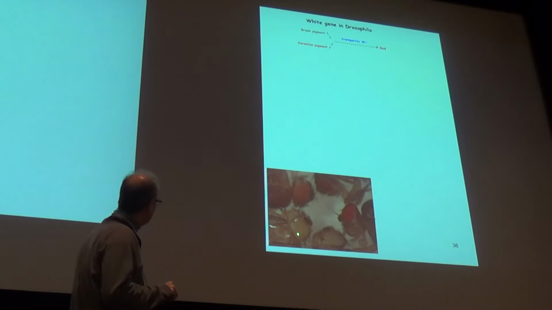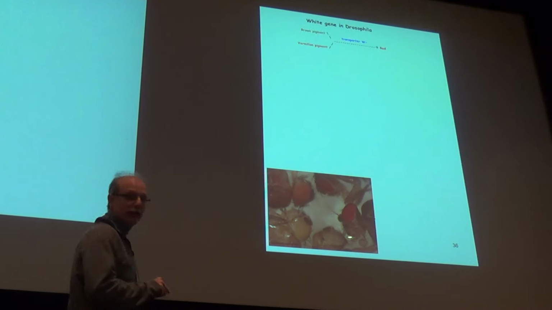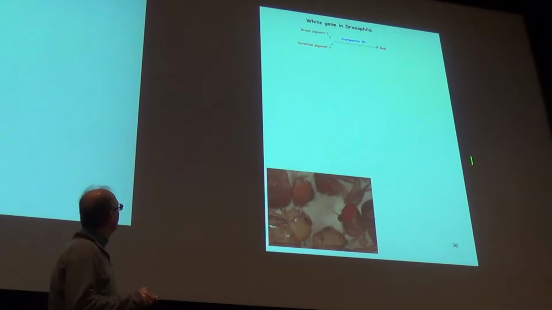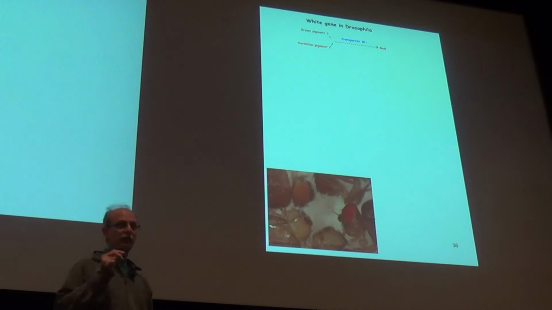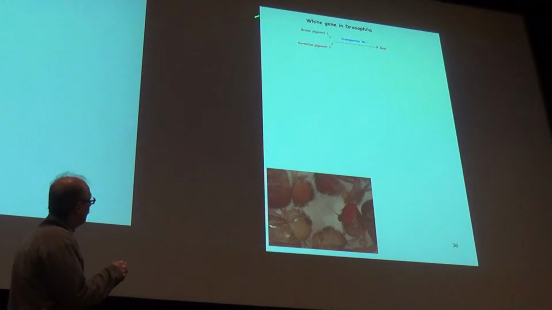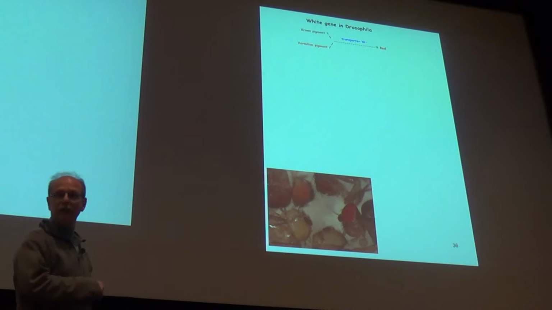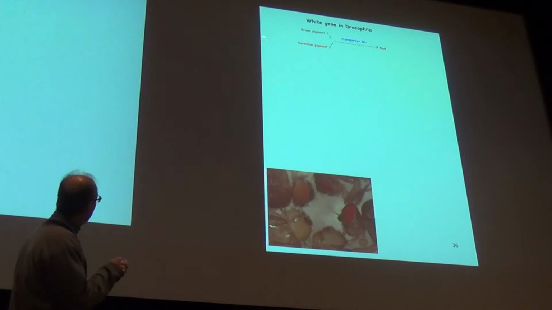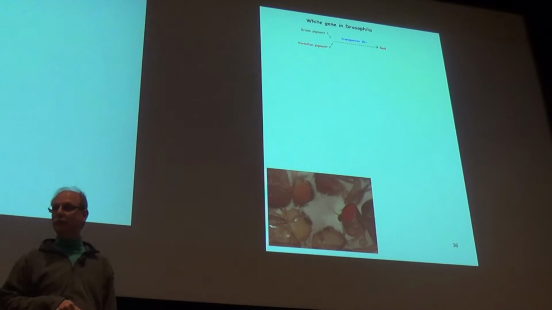We're going to look at the white gene again in Drosophila. So here's the white gene, here's the wild type red gene in flies. The white gene is actually a protein that transports pigment into the facets of the eye. There is a pathway that makes brown pigment, and a pathway that makes vermilion pigment.